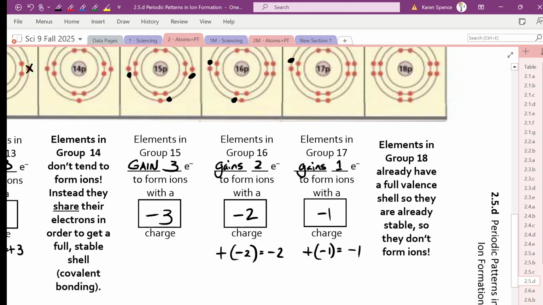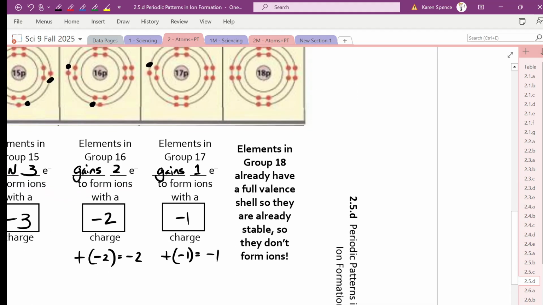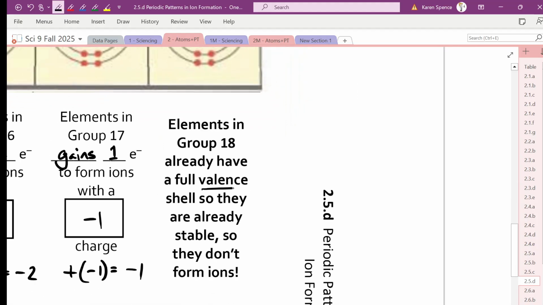Now we already know elements in group 18, their valence shell. What is a valence shell? Valence means outer. Their outer shell is full, so they don't need to gain or lose electrons to become stable. Remember, it's that full configuration that is stable. So they don't form ions.